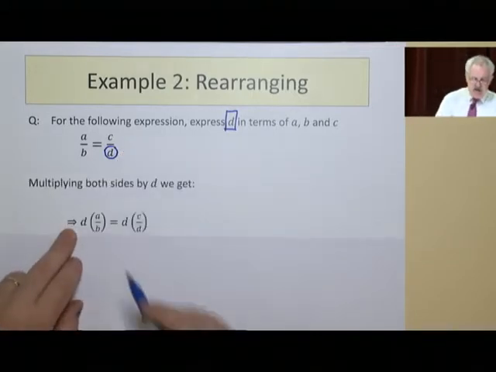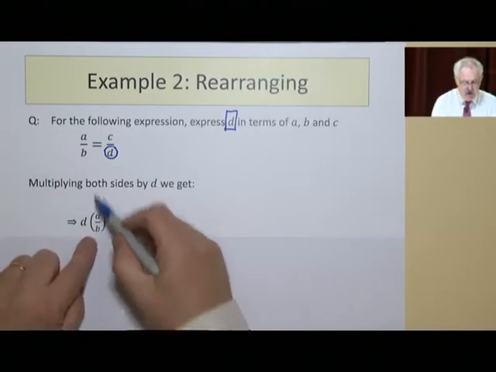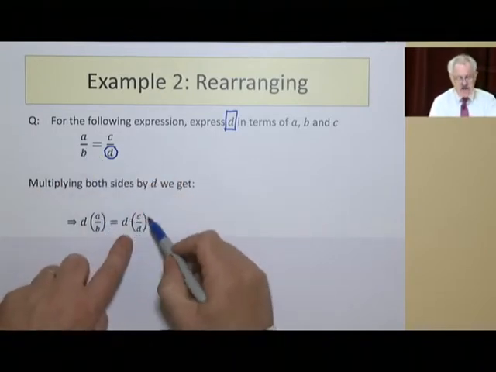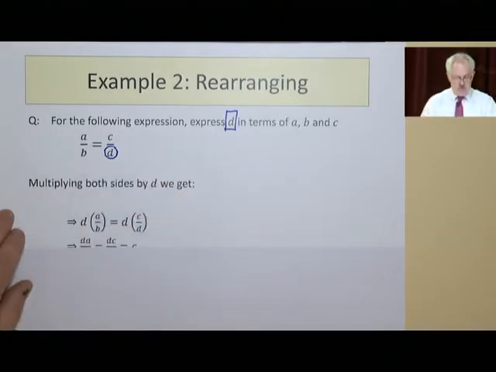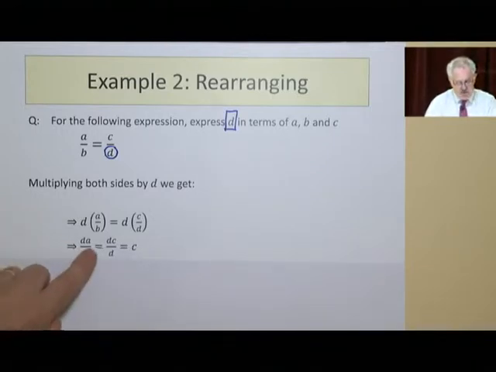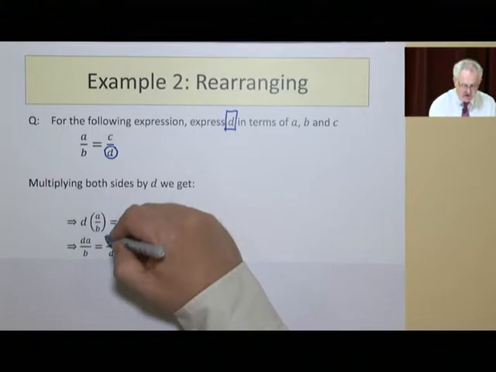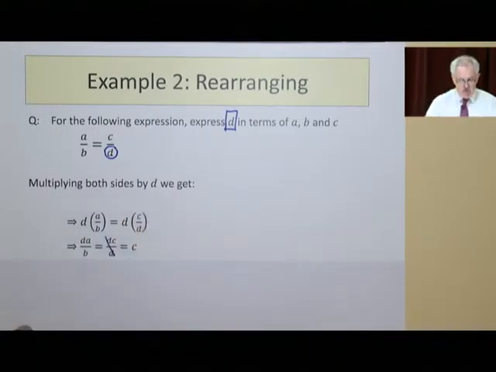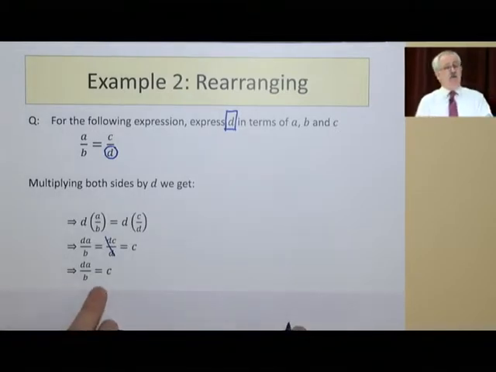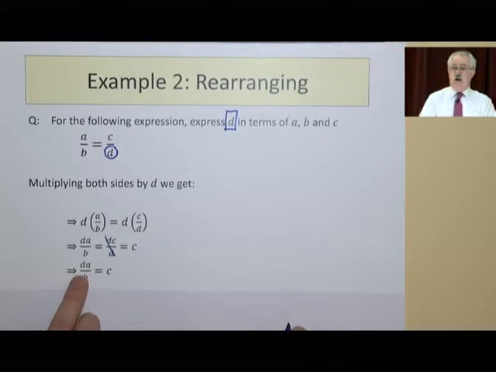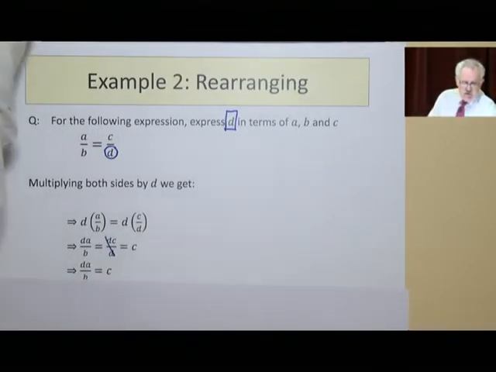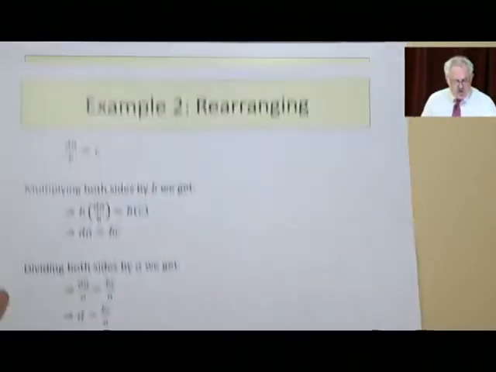So multiplying by D on both sides, I get D times A over B, which is the first one, is D times C over D. So they're going to cancel. And I get DA over B is C. Well, it's not really much better, but at least D is on the left-hand side, and it's on the top, which is okay. So I'm going to continue with that.